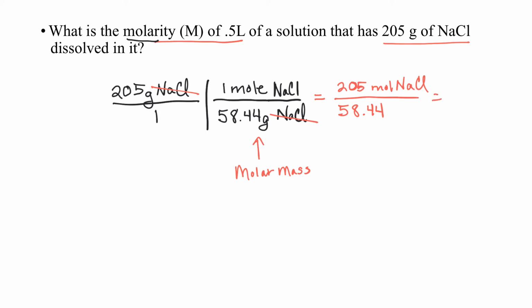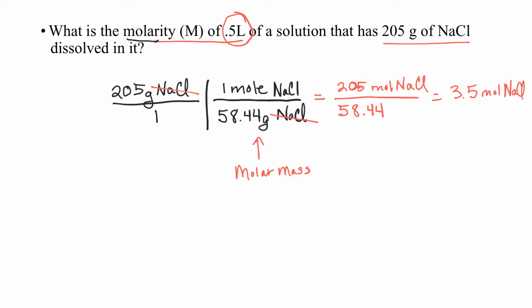And so our answer, and I didn't calculate this out yet, you're probably going to get this faster than me, 205 divided by 58.44 is 3.5. So we have 3.5 moles of NaCl. Okay, now we need moles per liter, and we know that we have 0.5 liters.